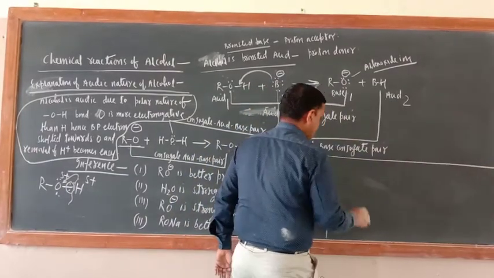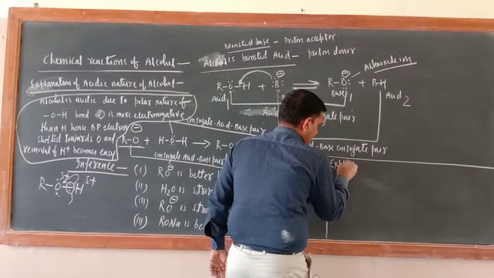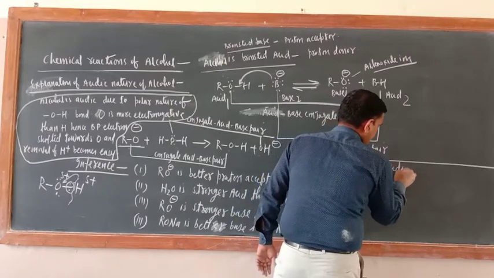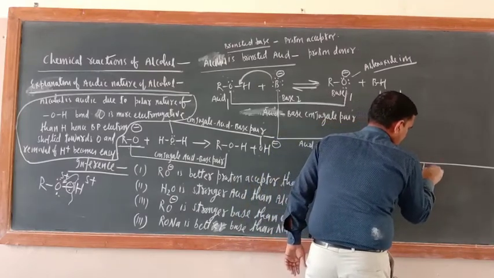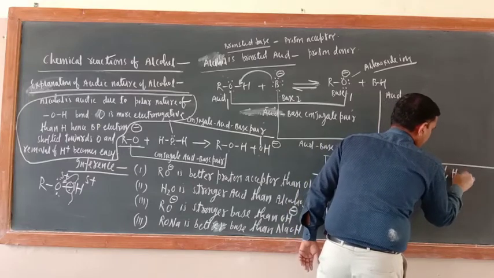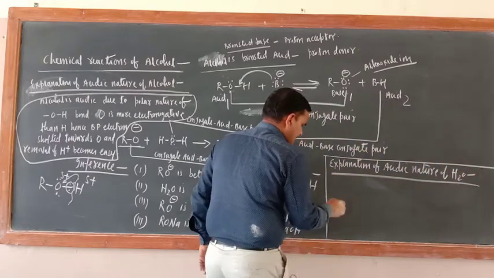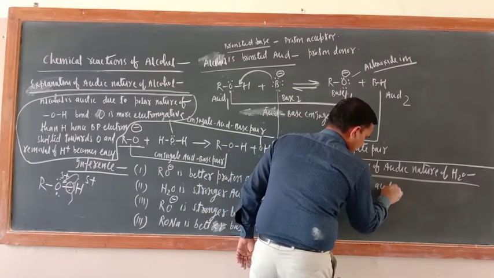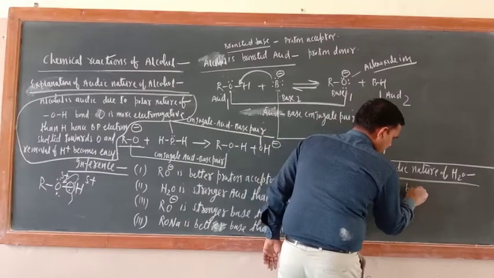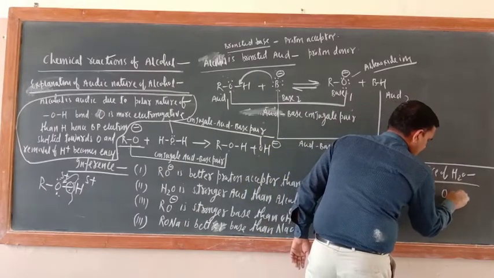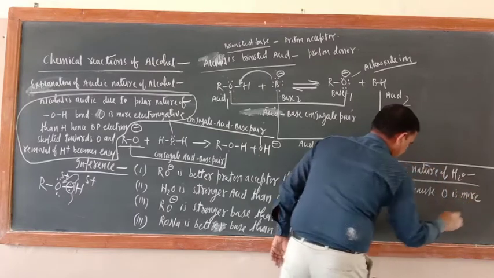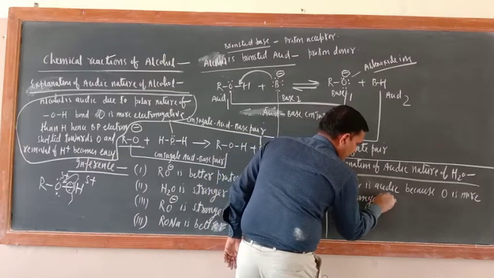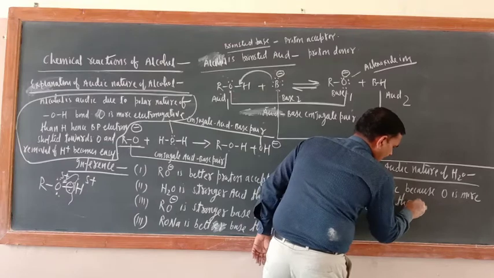Here just see, explanation of acidic nature of water, H2O. Water is acidic for the same reason. Water is acidic because oxygen is more electronegative than hydrogen.